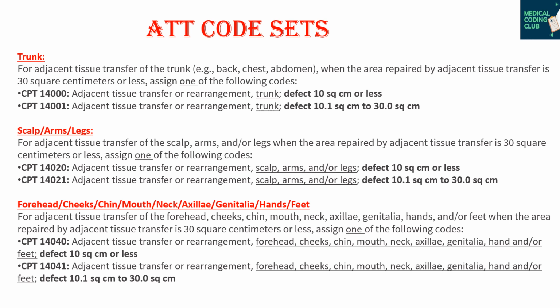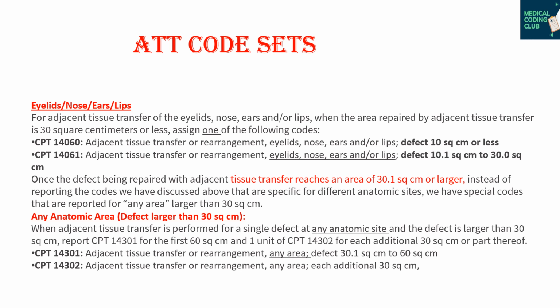You should remember that this is less than 30 square centimeters, and you can go through the code set as well. Then eyelids, nose, ears, lips will be CPT 14060 and 14061. And any area larger than 30 square centimeters, we will code these two codes: 14301 and 14302. So it's just an overview. You can easily understand the code set.